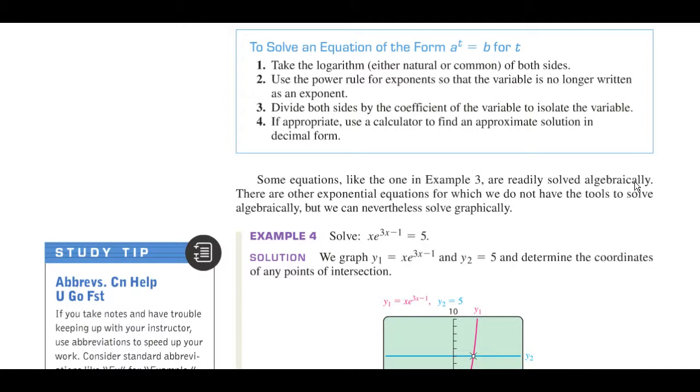Okay. Divide both sides by the coefficient of the variable, which was the exponent prior to that, to isolate the variable. If appropriate, use a calculator to find an approximate solution in decimal form. Now remember, when we go to the calculator, that's an approximate solution. In its log form, that would be the exact solution.